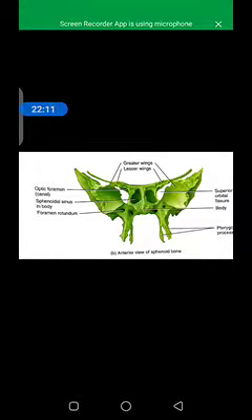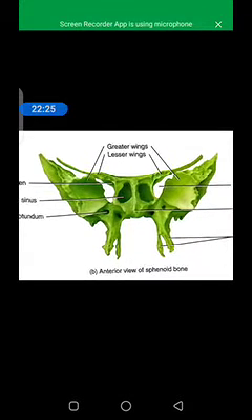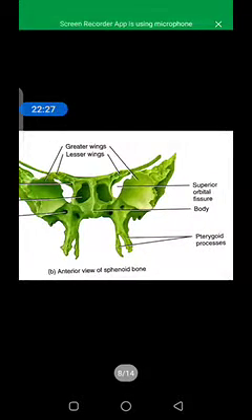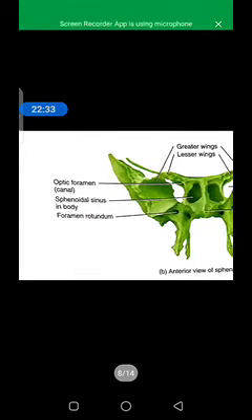There is the optic foramen, the sphenoid sinus in the body, the foramen rotundum, the superior orbital fissure. There is the body of this sphenoid bone and the pterygoid processes. The pterygoid processes, the body, the superior orbital fissure, greater wings, lesser wings. These are the parts of this sphenoid bone.